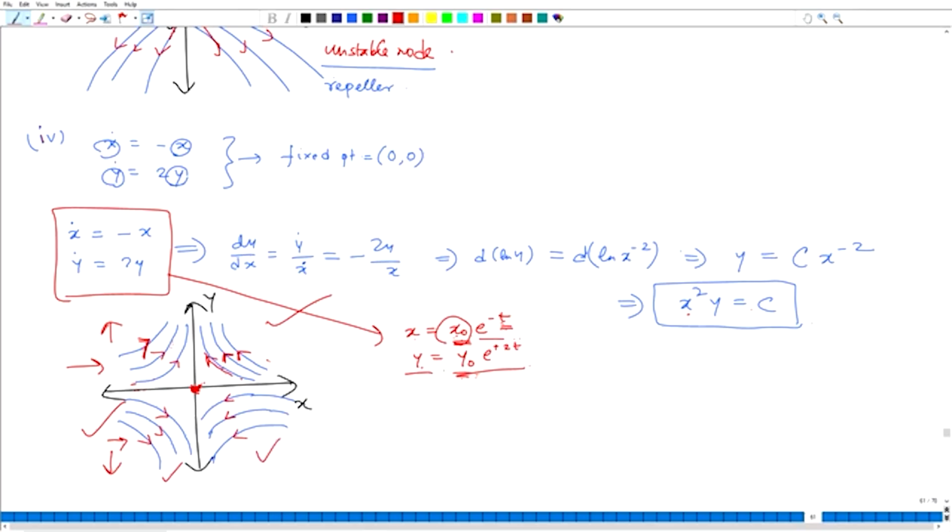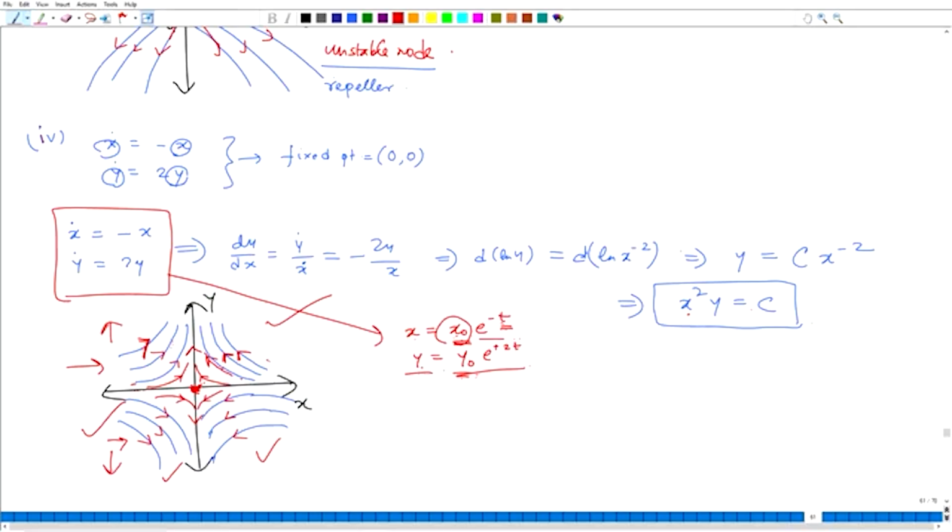Now, by the choice of continuity in the phase space, one can also write on this axis the arrow signs should be like this. Since they are defined very close to the axis, on the axis also they will have a consistent sign for the evolution.